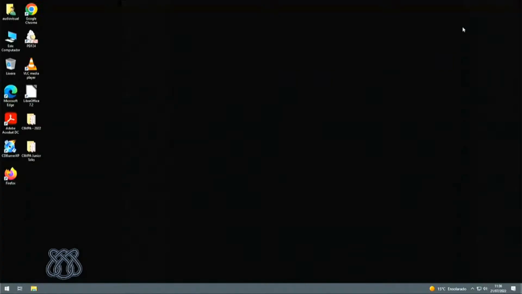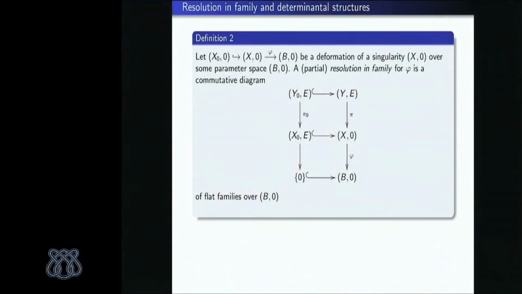Well, the lower square is just the deformation written as a square. But then you have a part that sits on top of it and projects down with pi, and the restriction of pi to the 0 fiber.